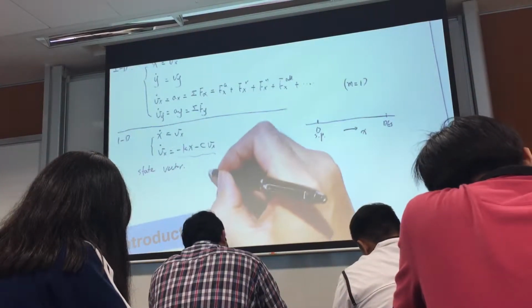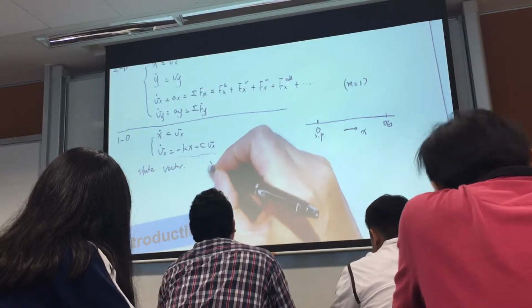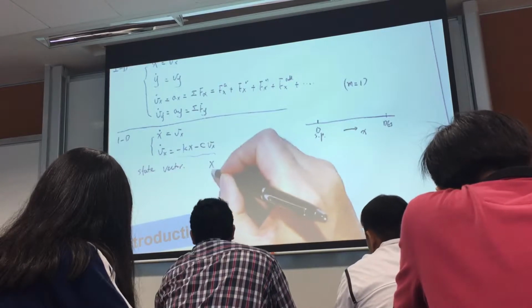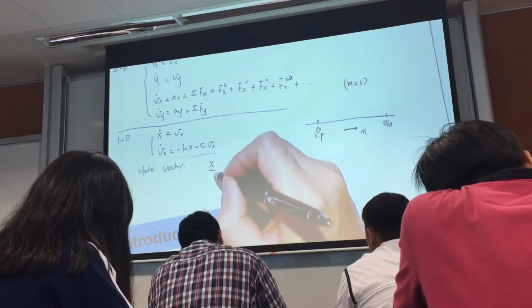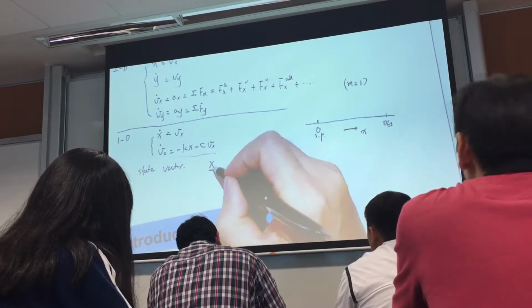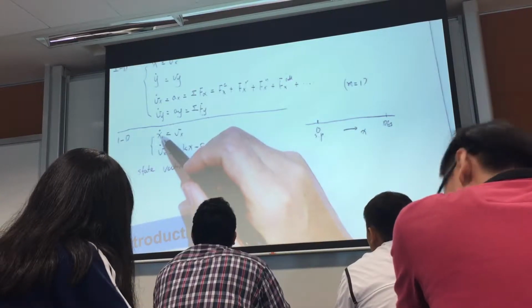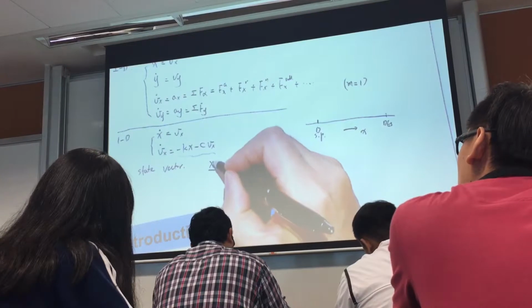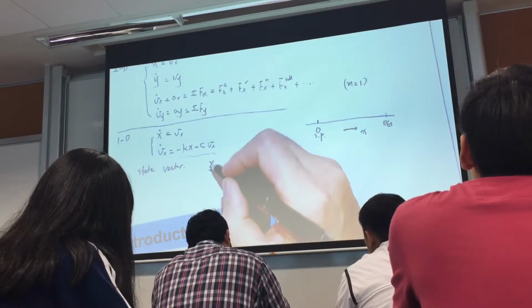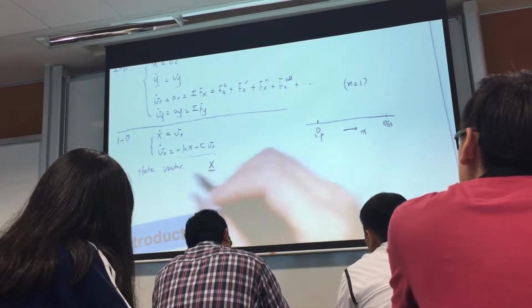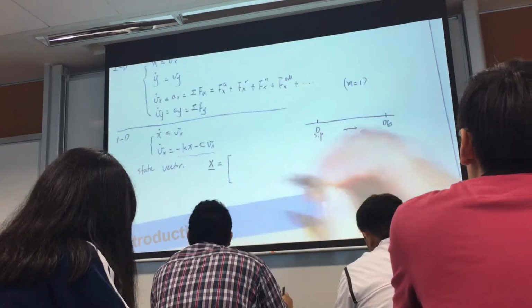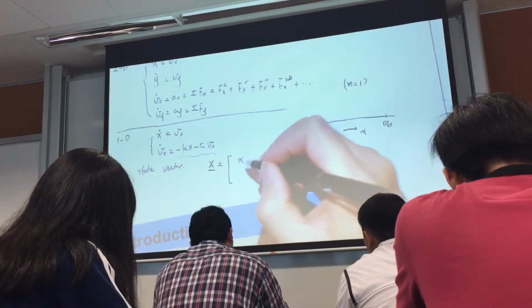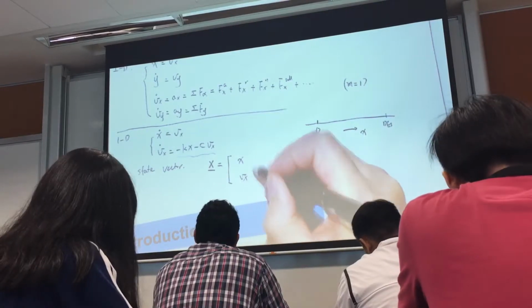Assume I define the state vector to be x, a vector representation here. Remember that this x is different from this x here. This one is a vector. I define a new vector, the state vector. This state vector I define to be the location and your velocity.